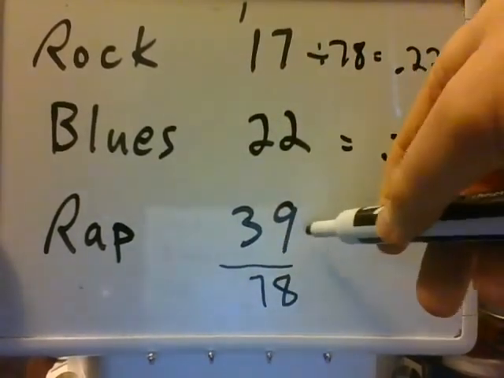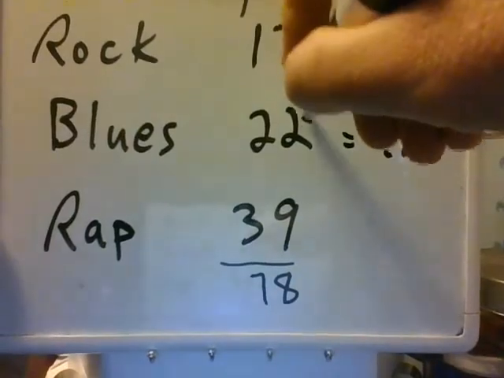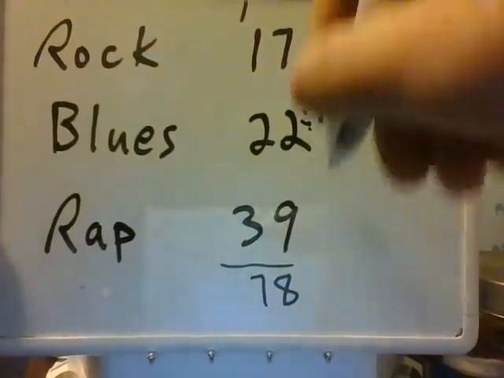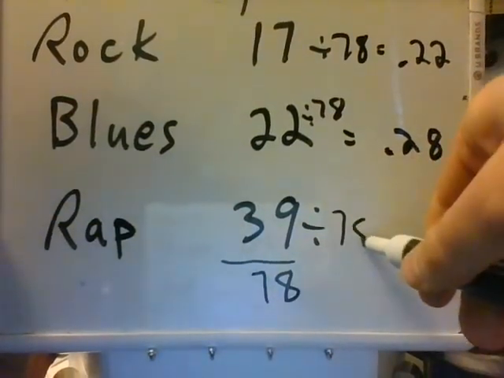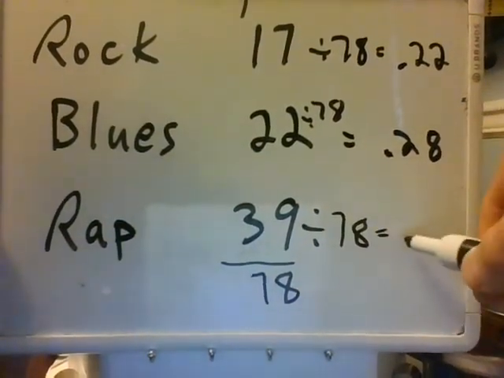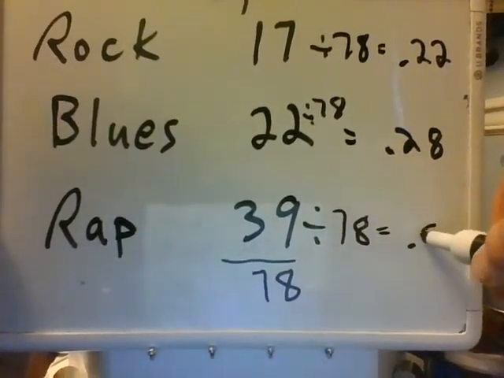And 39 divided by 78 is equal to 0.50, so 0.5.